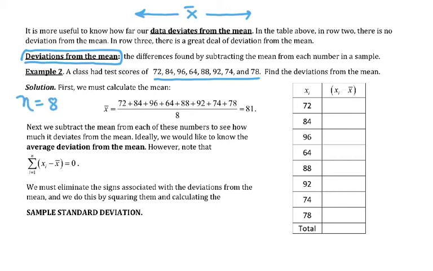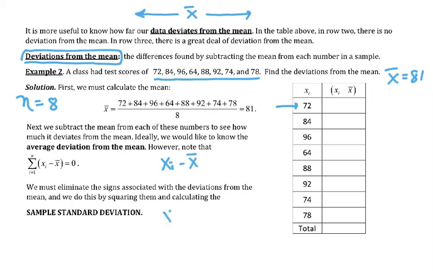And if you calculate the mean, it's 81. So you add them all up and divide by 8. Now we're going to find the deviations from the mean. That means how far does each of these numbers differ from the mean. So we take each value, x sub i, and subtract off the mean. That's what this notation means.